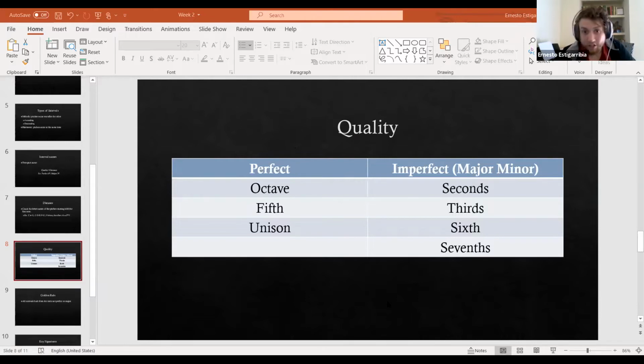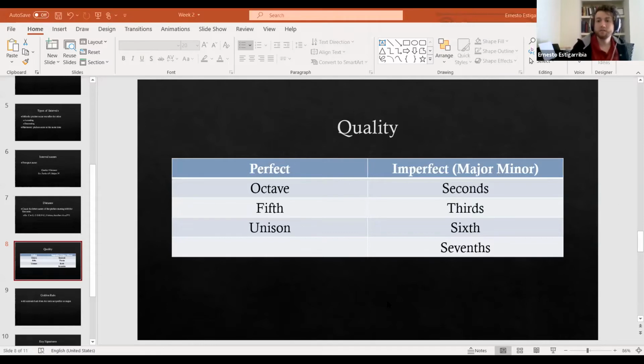Anyone want to give a shot to the next one? A C up to a G. Do I see any hands up? Arabella. Hi, Arabella. Perfect fifth. Excellent. Next one, C up to a D. It's just one step.